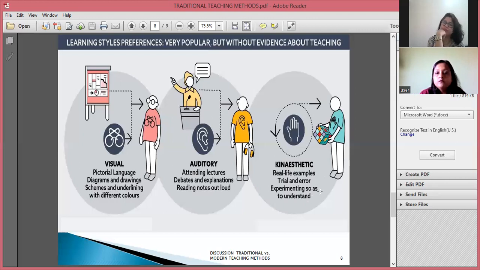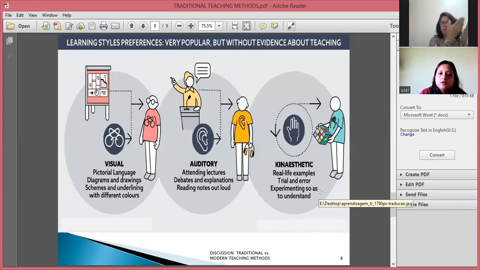When we feel something, for example, if I am teaching the concept of rock, I give the students some rock particles in their hand and they feel the hardness and so on.